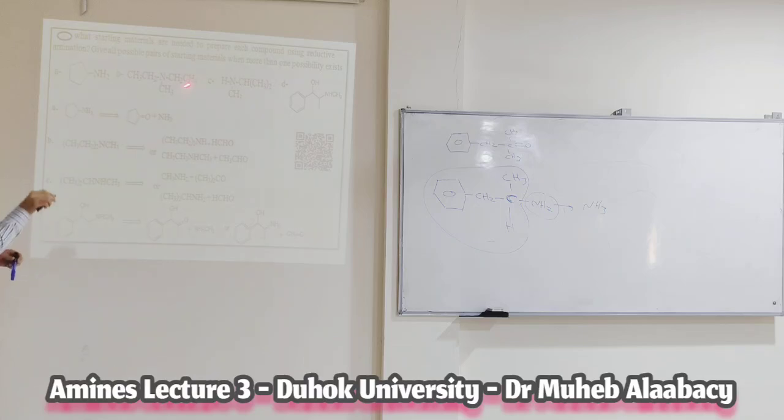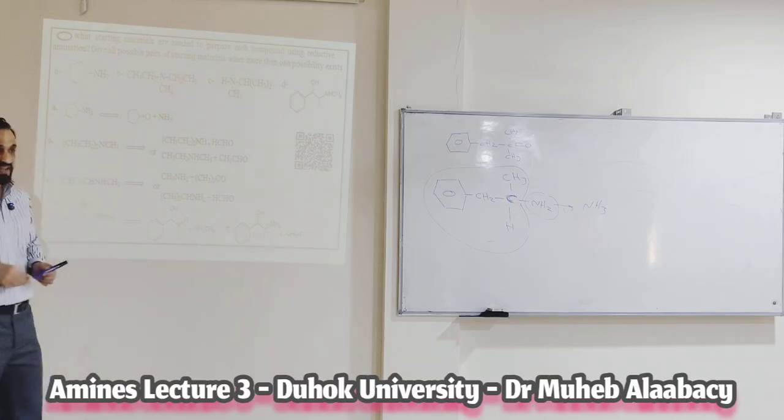Now this is a tertiary amine. Look, this is an alkyl group like this alkyl group, meaning one method. Here we have methyl, so there will be two methods to prepare this. Yes, it is a tertiary amine, meaning it could be three methods, but we have identical alkyl groups, so it will be the same methods.